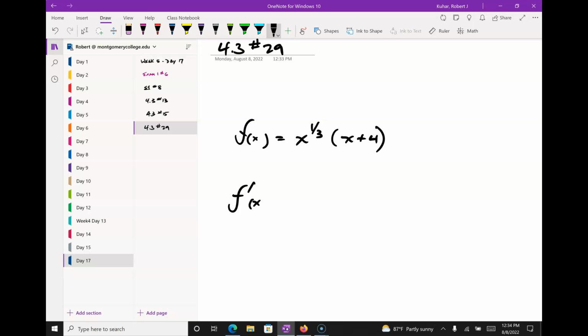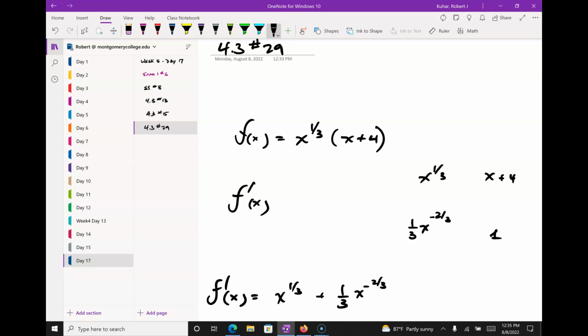So f prime of x, I need a product rule. And nice and easy. So f prime of x is x to the 1/3 plus 1/3 x to the minus 2/3 times x plus 4.